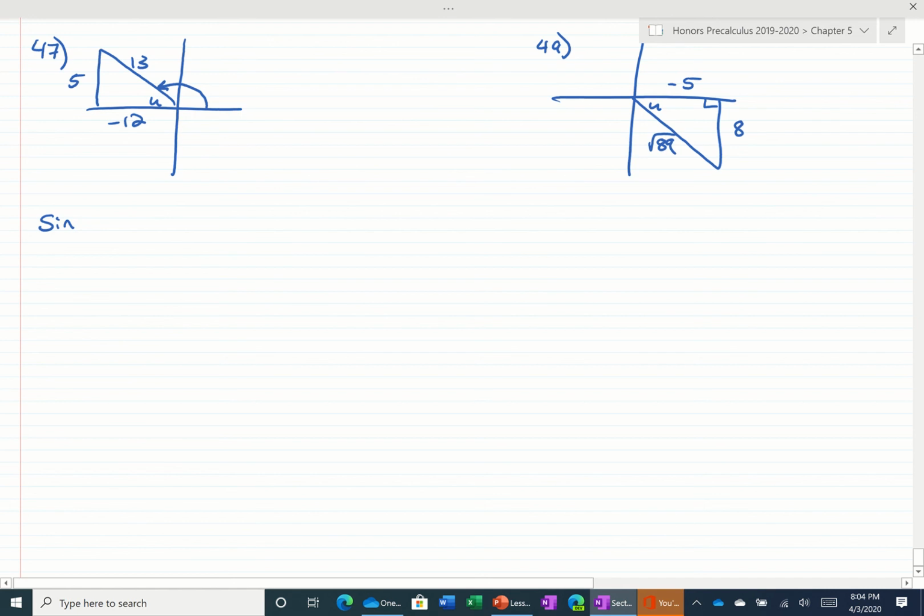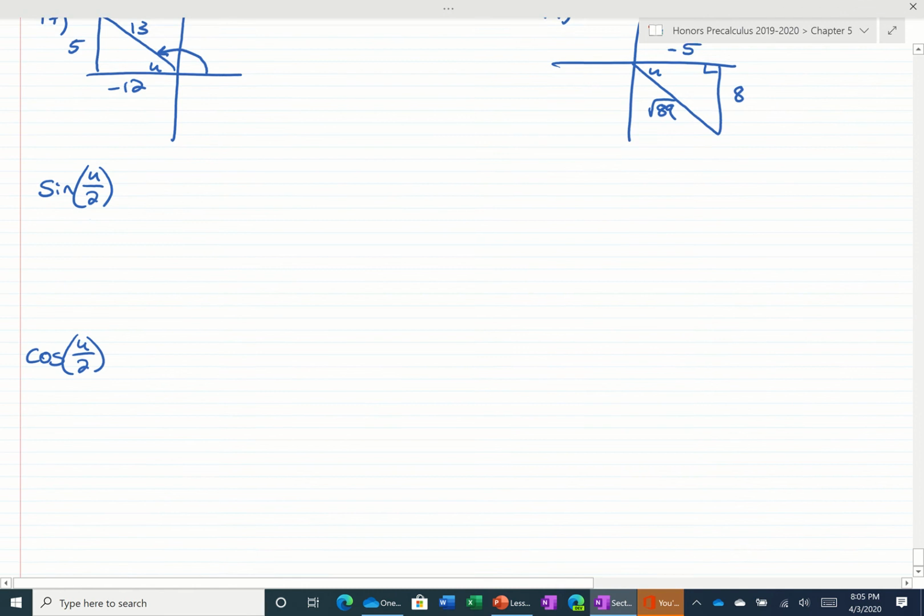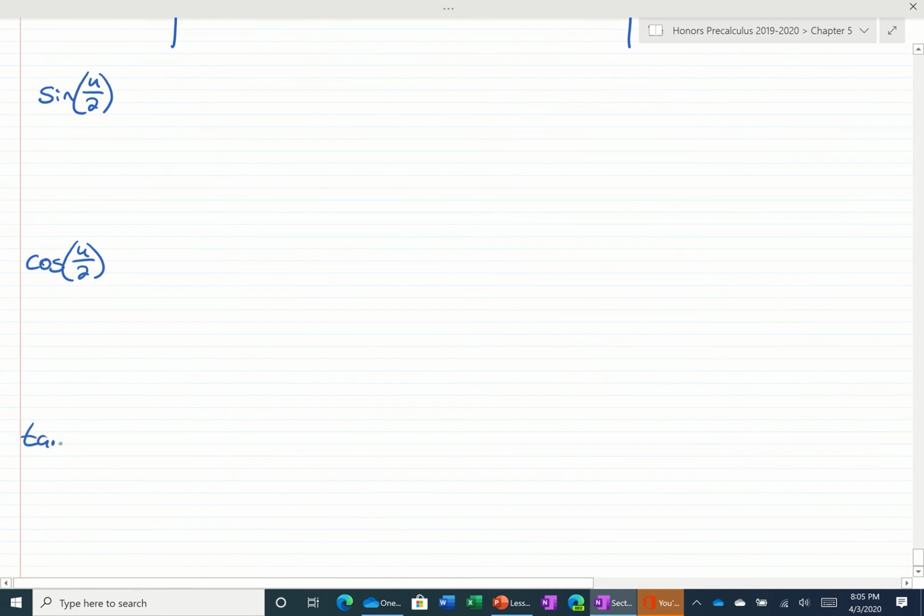Find the exact value of sine of U using the half angle formulas. So we're going to be finding the sine of U over 2. Okay, let's copy and paste these.